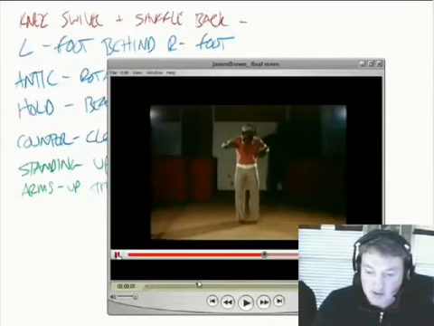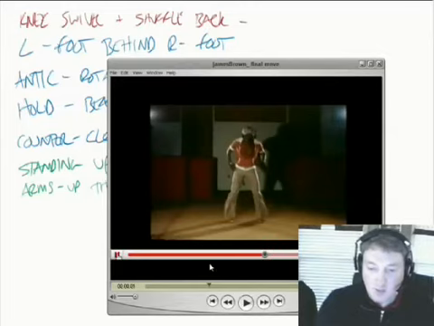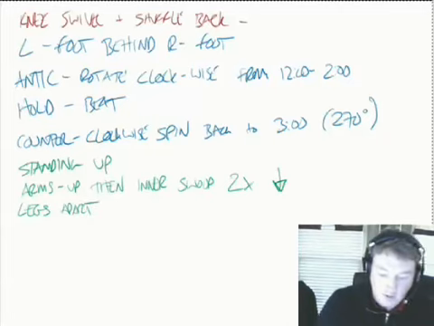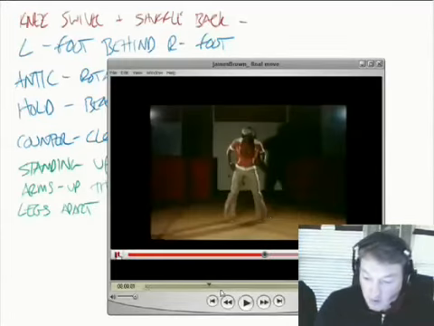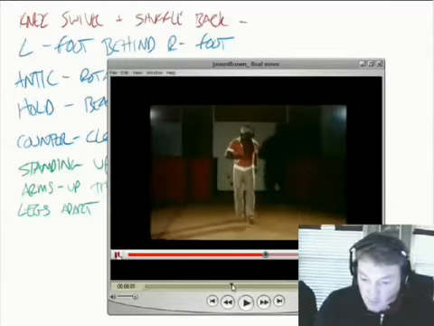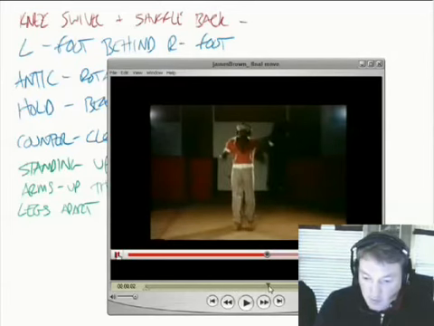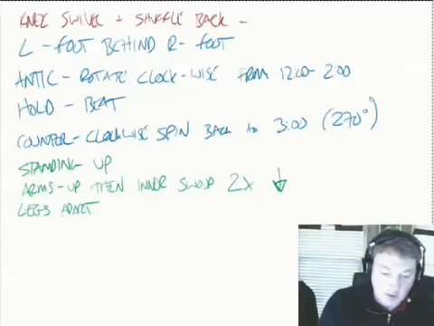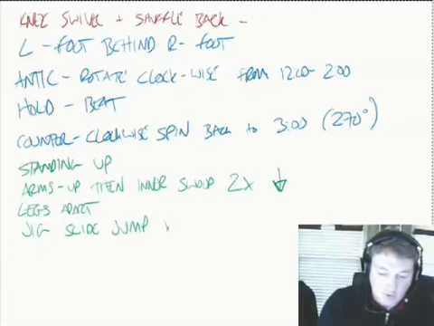And then as he gets down there, the legs come apart. So legs apart, and like a little slide jump kind of forward, legs apart, a jig, slide, jump forward.